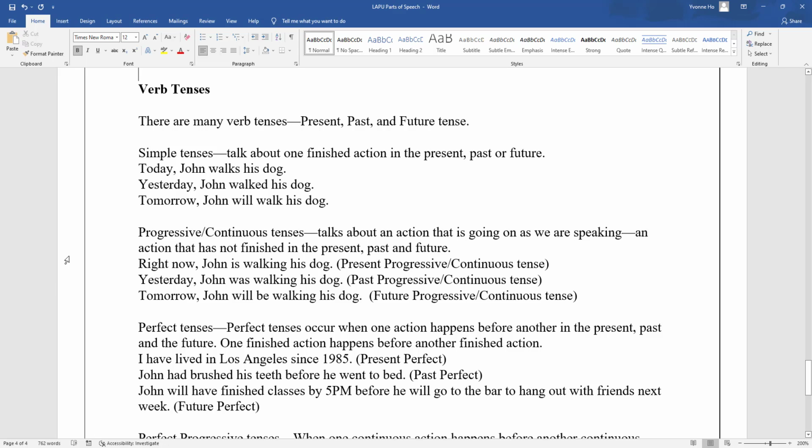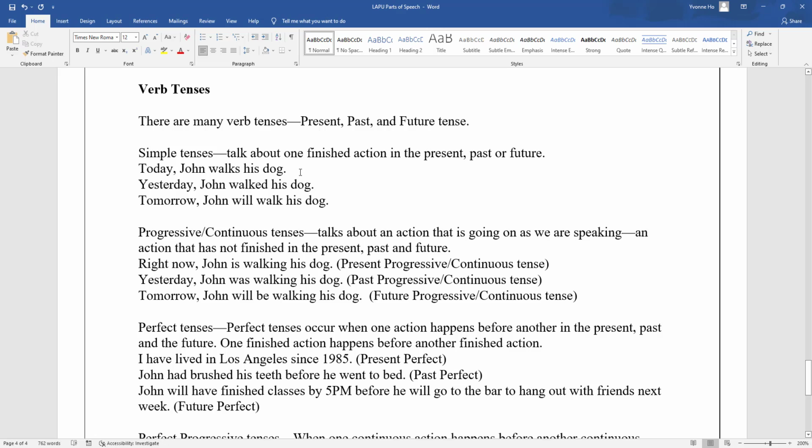So if I want to say in the present tense, today John walks his dog. Okay, that's a finished action. Yesterday, John walked his dog. Once again, it's a finished action that happened yesterday. And then tomorrow, John will walk his dog. That's a finished action that will happen in the future.